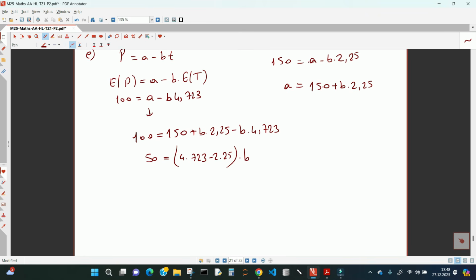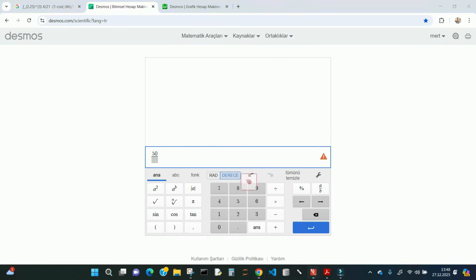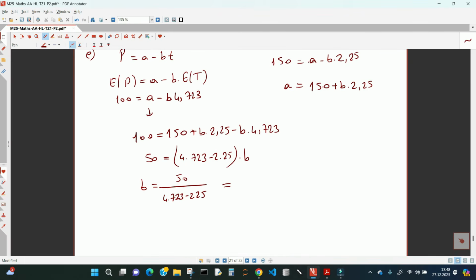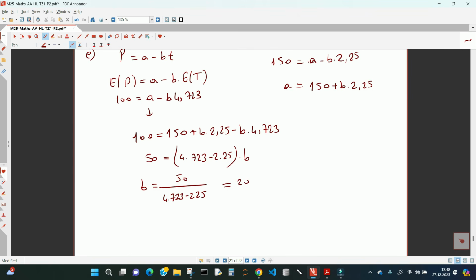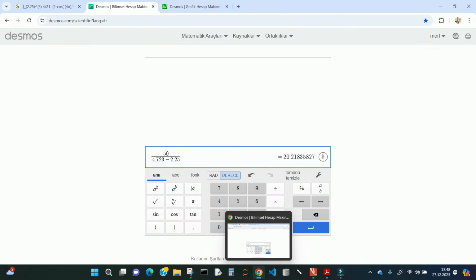And B equals 50 divided by this number. Yeah, we're gonna calculate this number. 50 divided by 4.723 minus 2.25, it is 20.22. But to not make a mistake, you can write 20.2. But while you are finding A, you need to write the exact value of B, which is in here, okay?